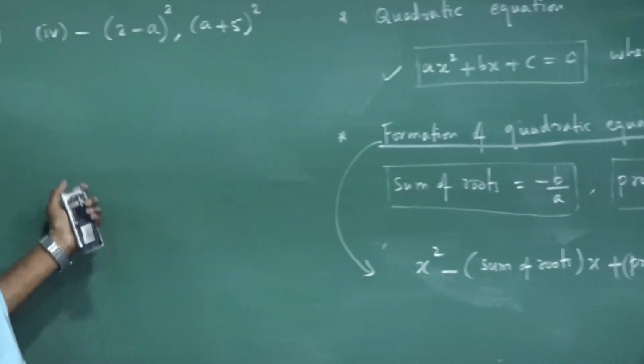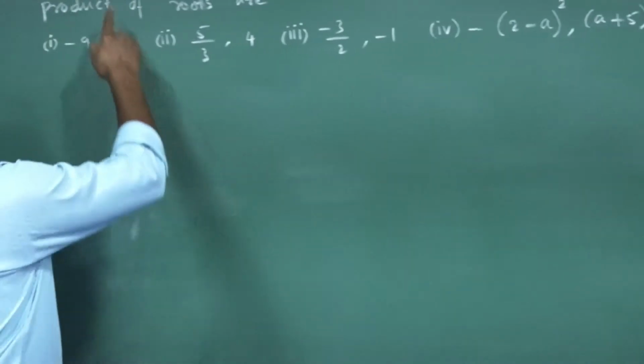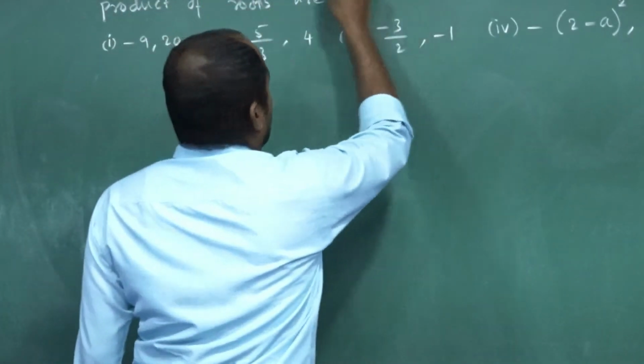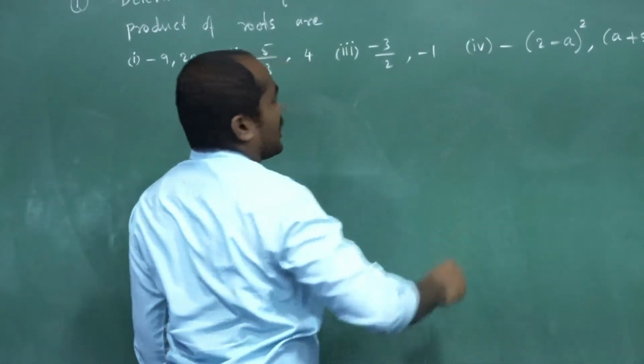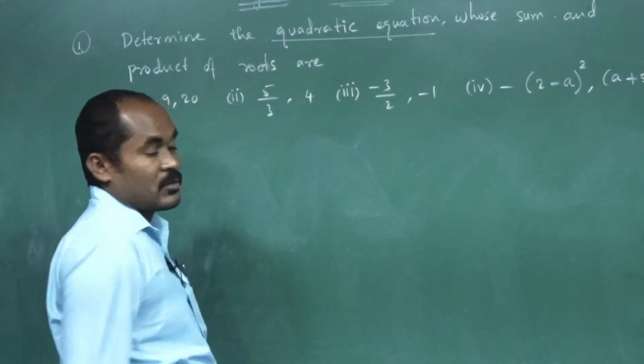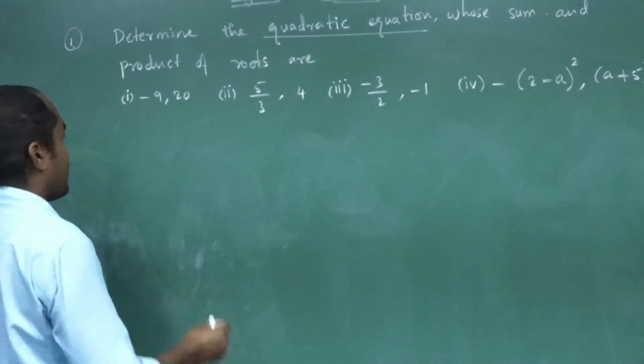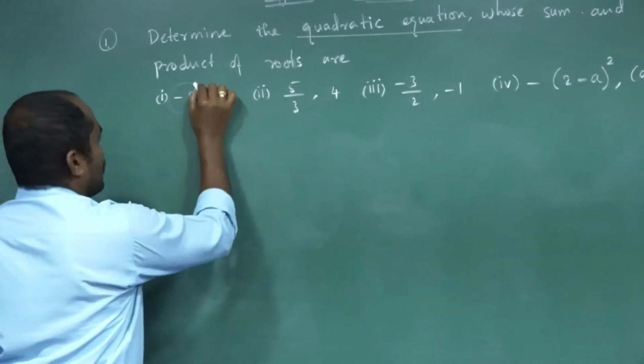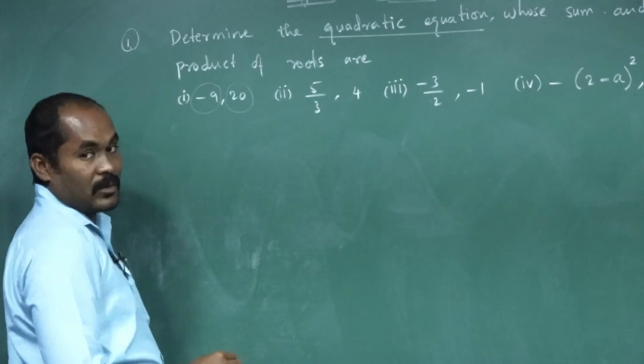Next, come to our first question. Determine the quadratic equation whose sum and product of roots are given. This is the sum value and this is the product value. Listen.